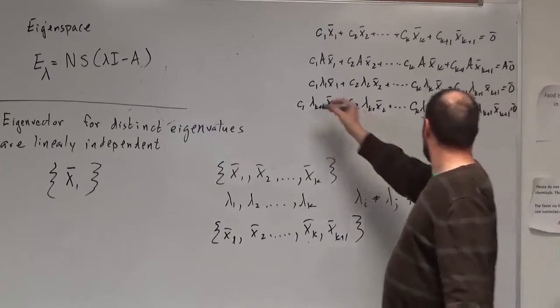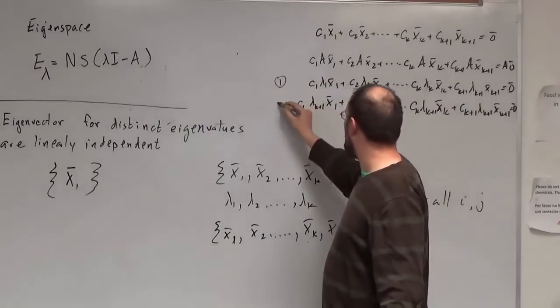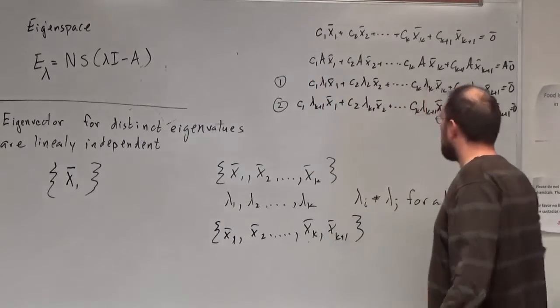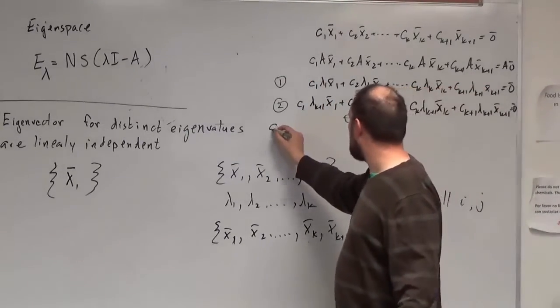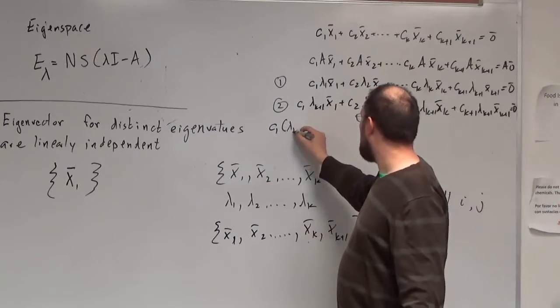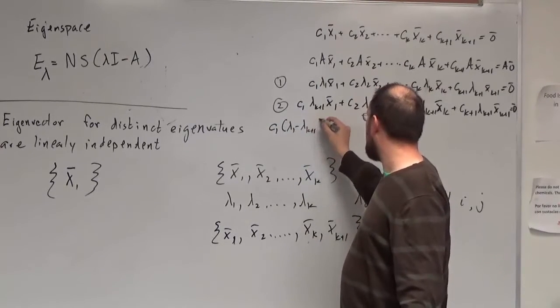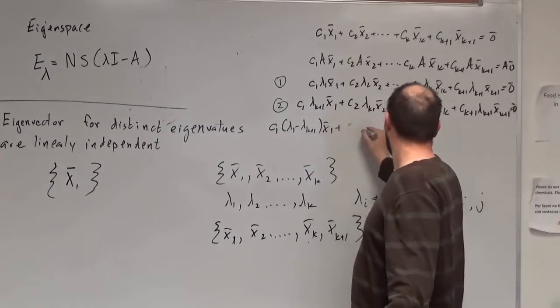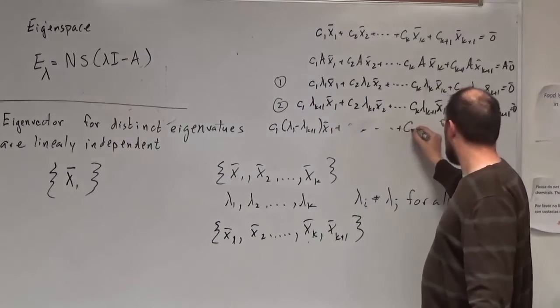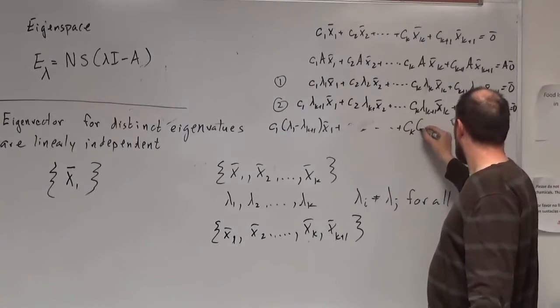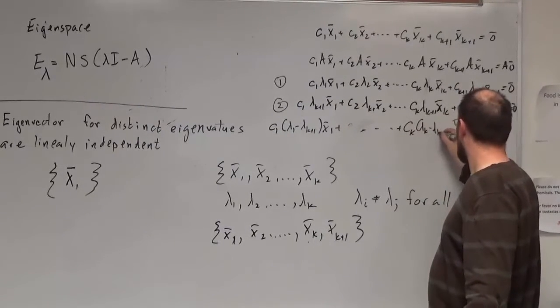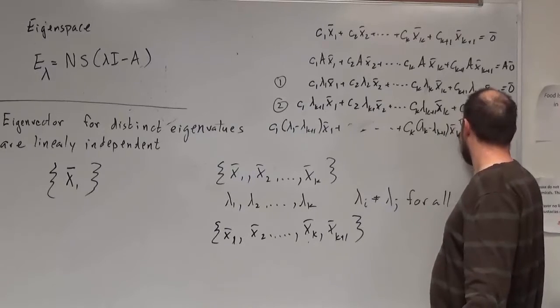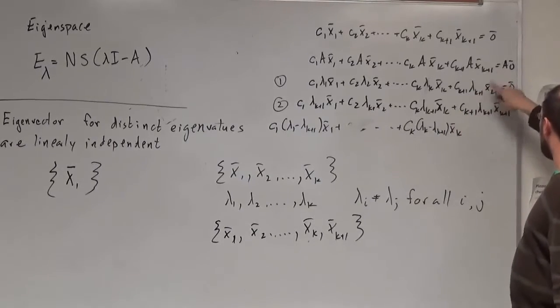Right now, you take this equation and this one and you subtract. So then you would get C1 times lambda 1 minus lambda k plus 1, and so on. Of course, this subtracts to 0, right?